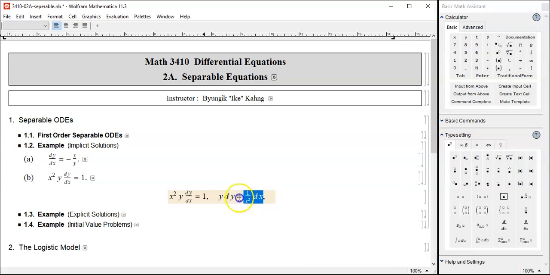And then let's take the antiderivatives. So what do we have? What's the antiderivative of y? 1/2 y squared. What's the antiderivative of this reciprocal?